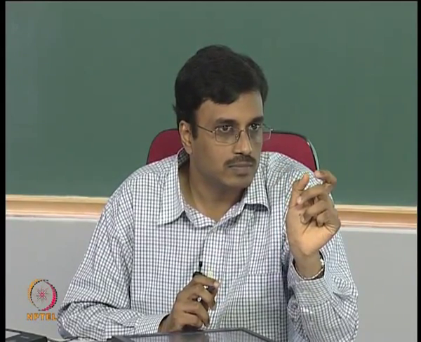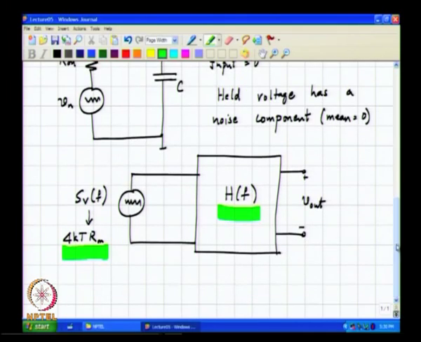And what is the input power in a narrow frequency range around some frequency f? In general, it will be SV of f, the power in 1 hertz around a frequency f, correct.